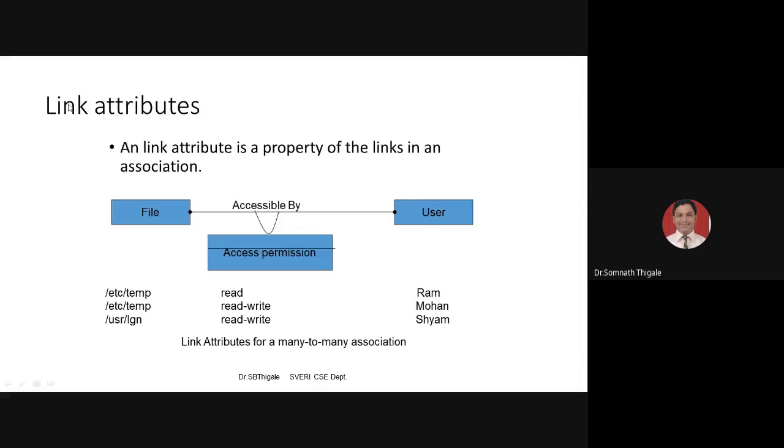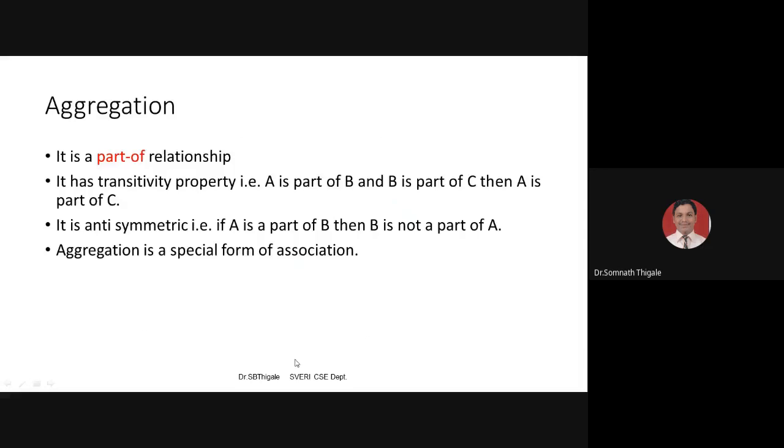That will be decided by these link attributes. For example, in the case of a file, a user may have only read permission, or read and write permission. For that, we may have many to many associations.